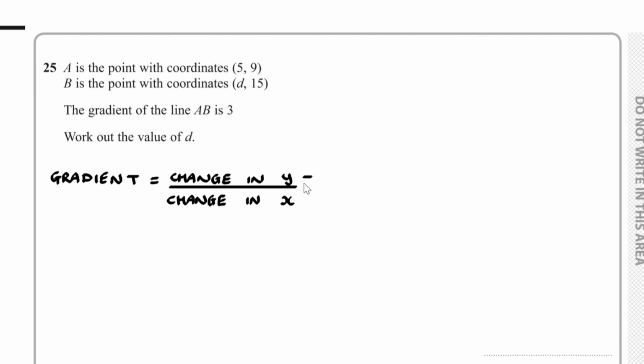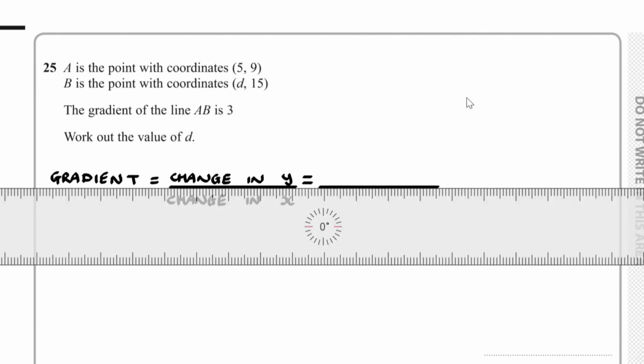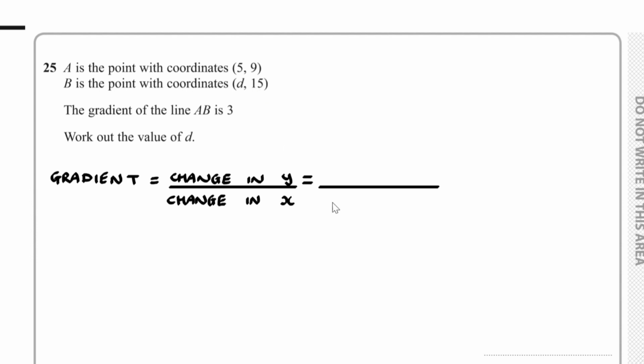So the change in the y coordinates will be 15 take away 9, and the change in x we would have d subtract 5. And we know that the gradient is equal to 3. So we've got 15 minus 9 divided by d minus 5 is equal to 3.